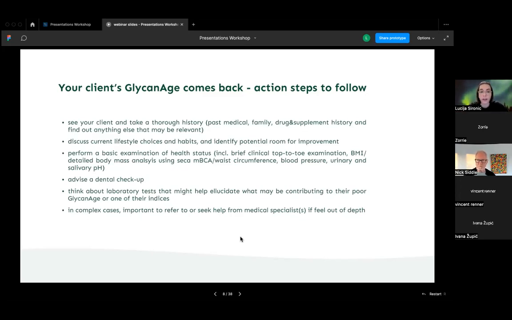And that involves taking a thorough history, talking about past medical problems, significant family history, drugs and medication, and supplements that they have been taking, and finding out anything else that may be relevant to their case. Obviously, discussing lifestyle choices and habits, and trying to identify potential room for improvement.